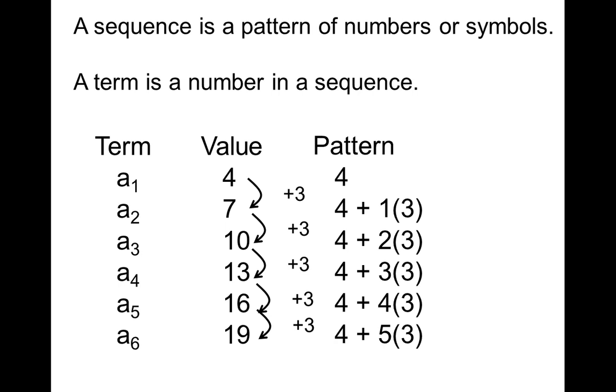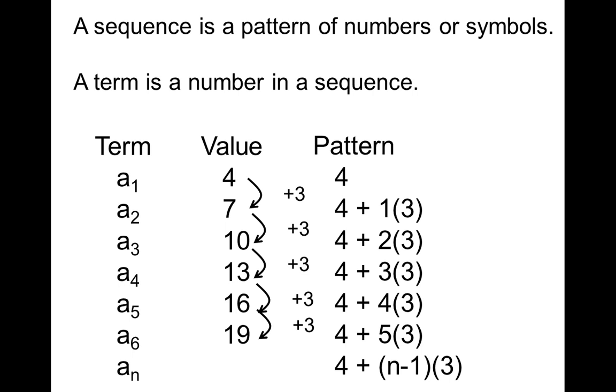Now it's important to notice a pattern in terms of what number we start with and how we can get to a term in the sequence, because that will help us write an nth term formula for the sequence. So for this particular sequence, we could say we start with the 4, and then to get to a term in the sequence, an nth term, some term in position n, we have to add a number of 3s, and the number of 3s we would have to add is 1 less than the position that we're trying to reach.